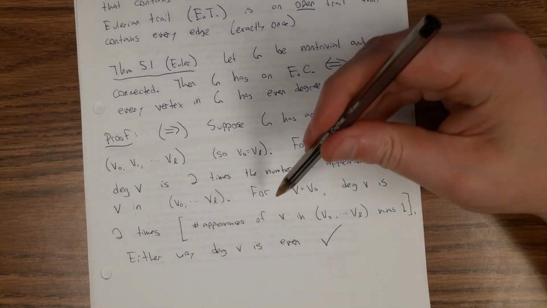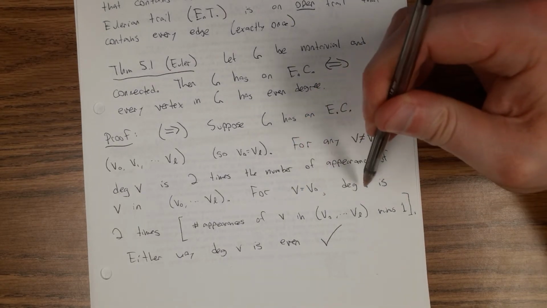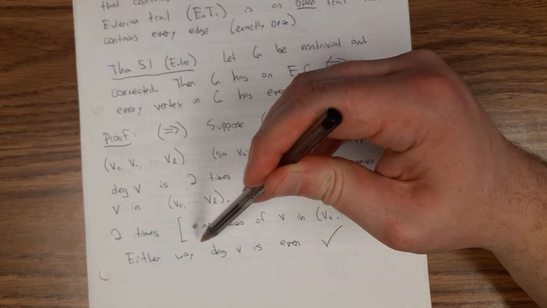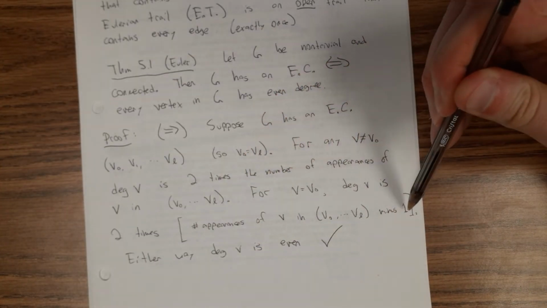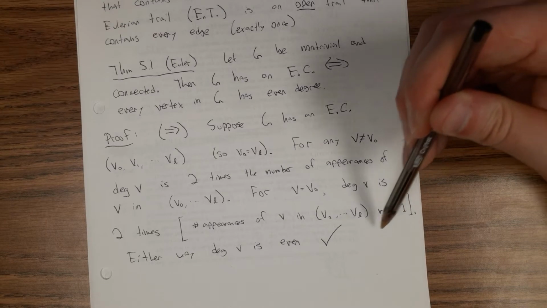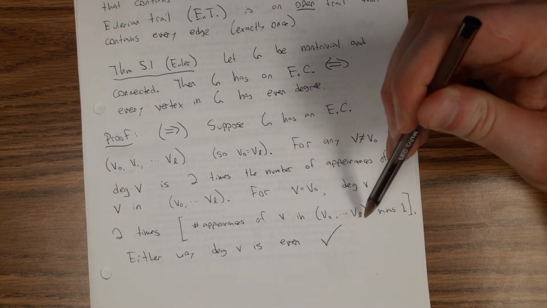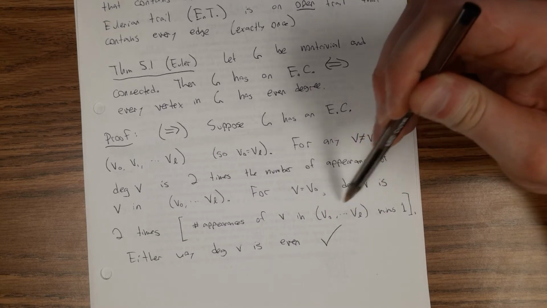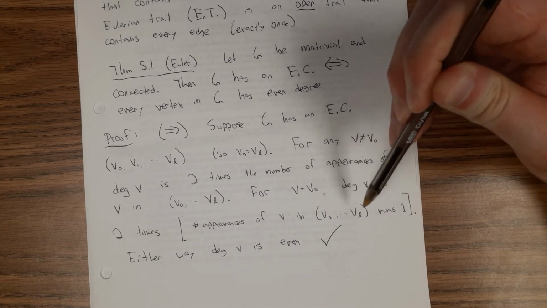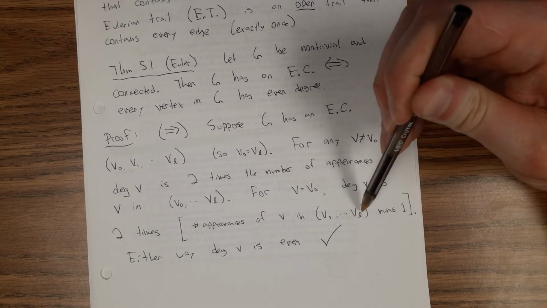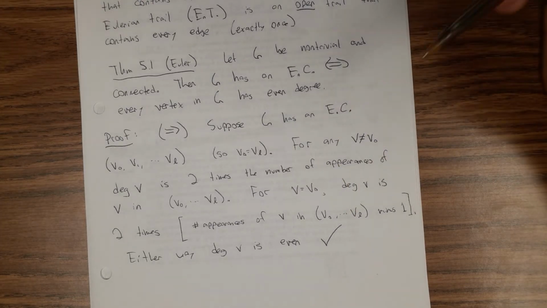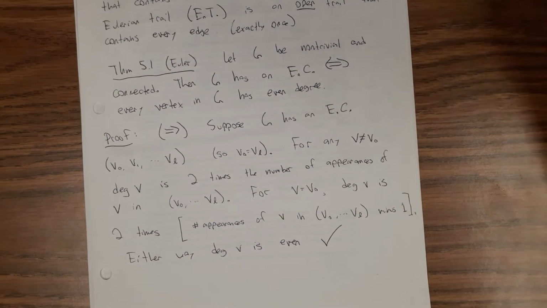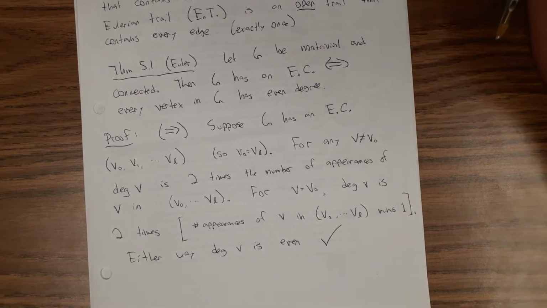What I wrote on the paper is that the degree of that vertex is 2 times the number of appearances minus 1. Because actually this vertex appears an extra time, just expressing that the last time that we come back, we have to come back to where we started. So the name of this vertex appears on this list 1 extra time.